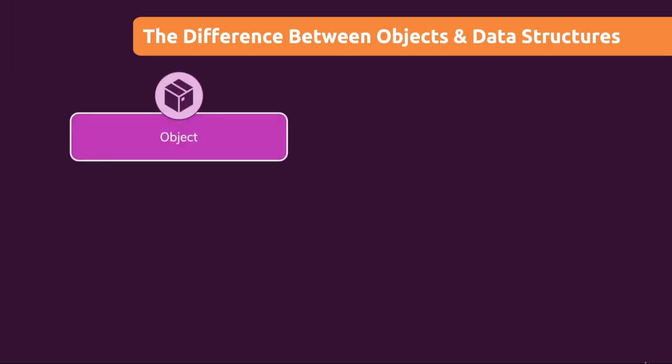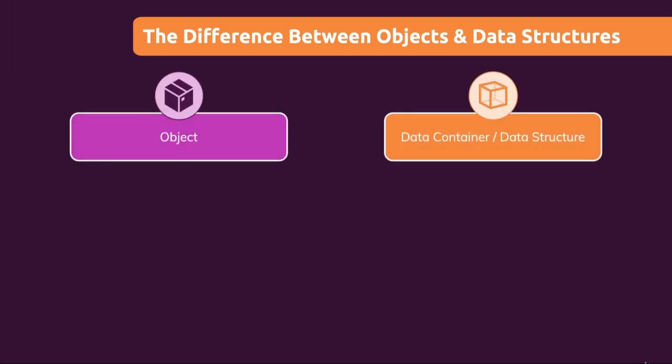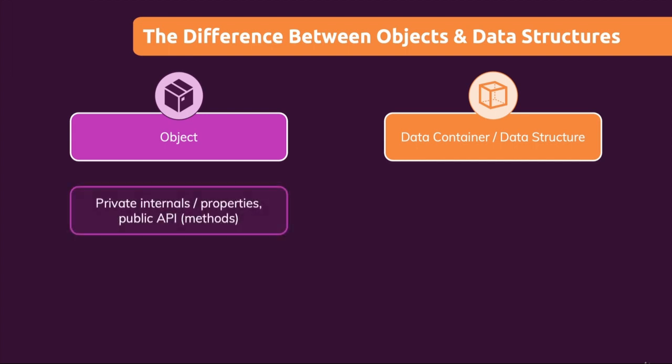So what is the difference between real objects and data structures, or data containers, as we could also call it? A real object hides its internals, its properties, for example by making them private, and it just exposes a public API, a couple of methods which allow you to do various things with this object.